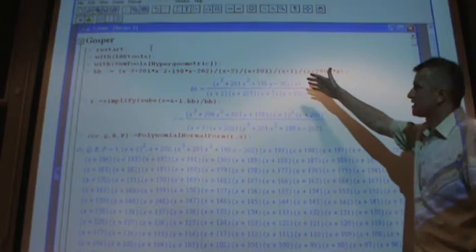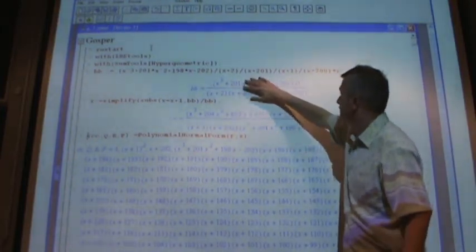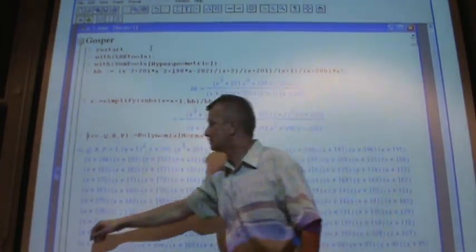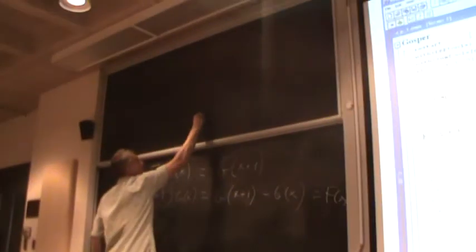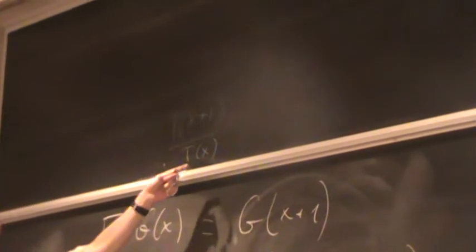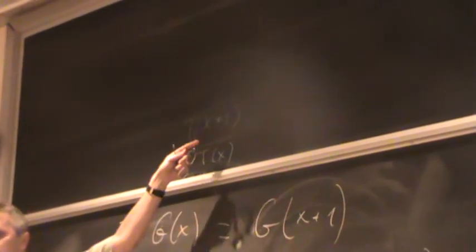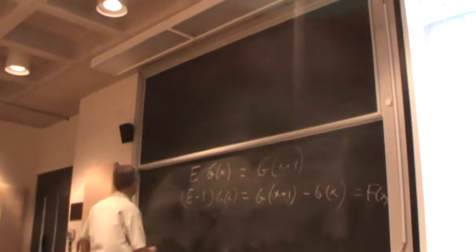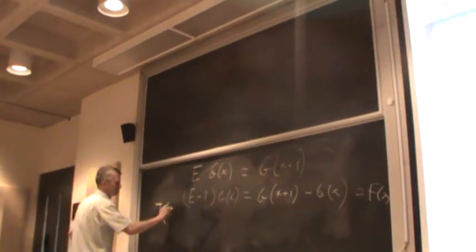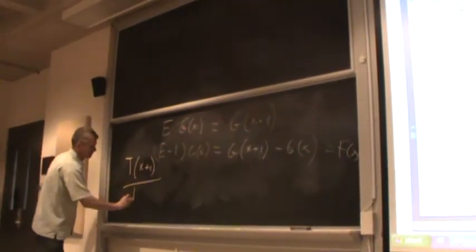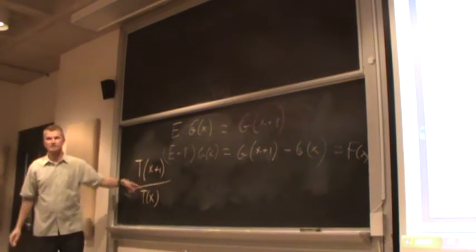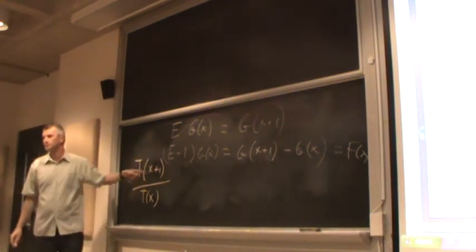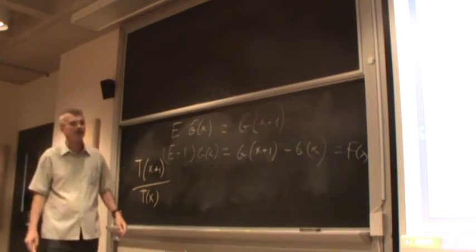An important step in Gosper's algorithm, the first step, is to take the term shifted by 1 divided by itself. If the input is a hypergeometric term, then this ratio is a rational function, which is known as the rational certificate.